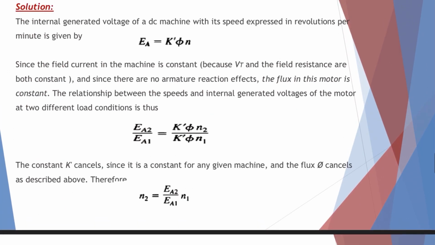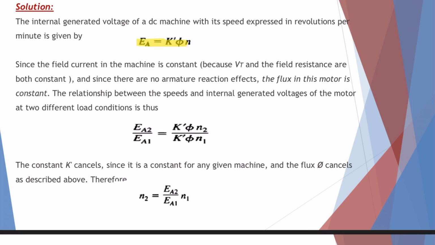Let us now see the solution. The internal generated voltage of a DC machine, with its speed expressed in revolution per minute, is E equal K multiply flux multiply the speed. This is the equation.